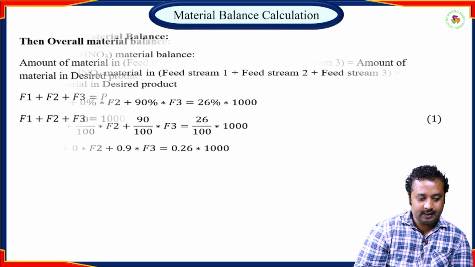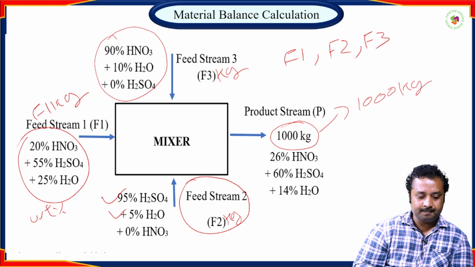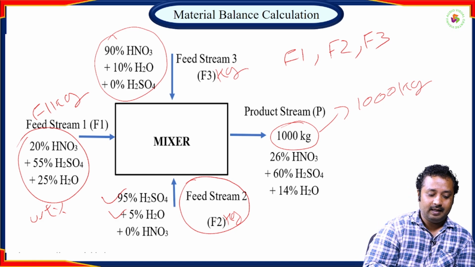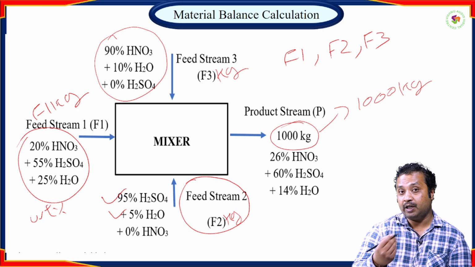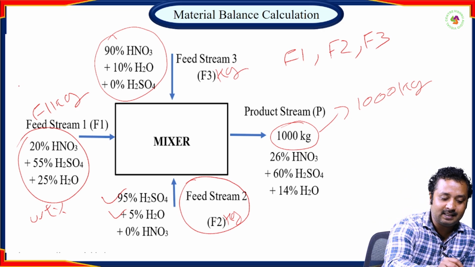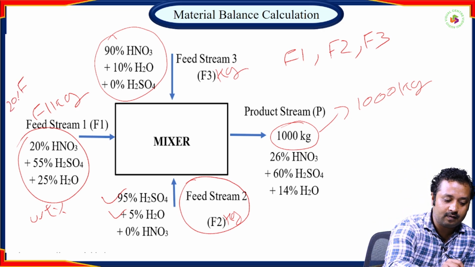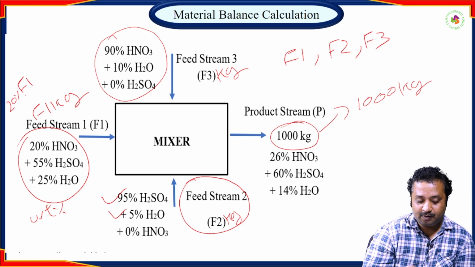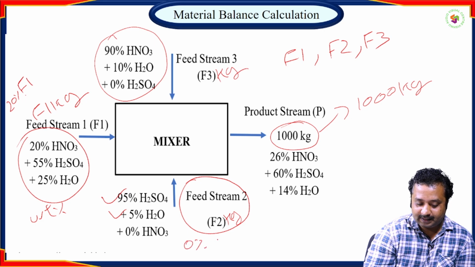So for the component material balance of HNO3, let us go to this diagram. You can see how much HNO3 is there in the feed stream. It is given as 20%. HNO3 is present as 20% of F1 kg, where F1 is the total kg. Here HNO3 is present as 0% of F2 kg.